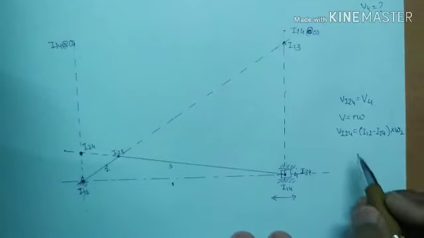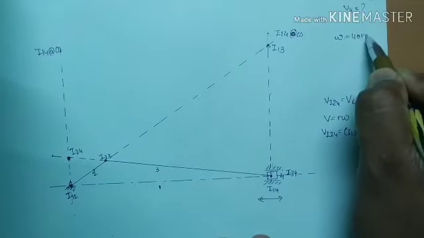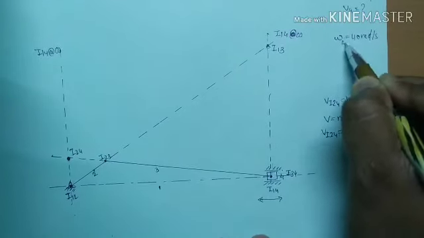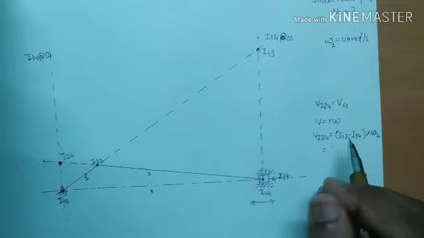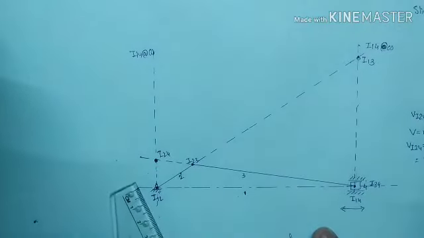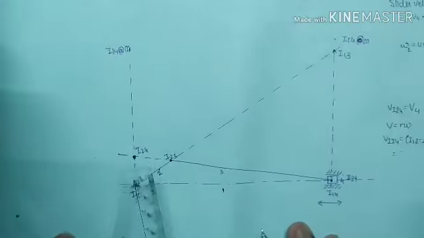As we know, the value of omega 2 is given as 40 radian per second. So we have to measure this particular line and multiply with respect to scale.